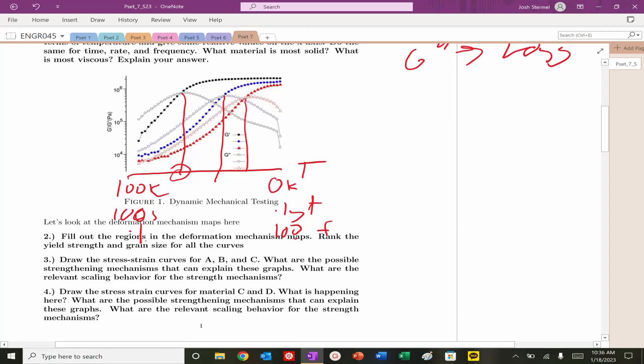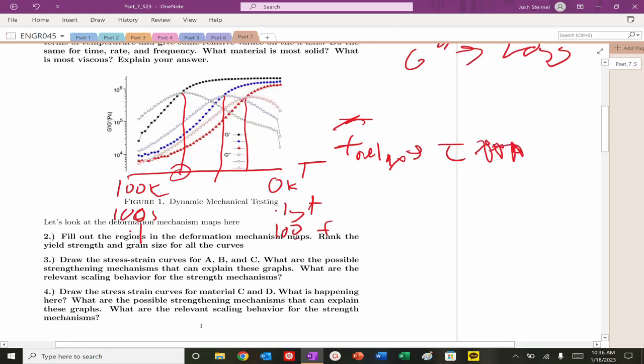So what does that mean? If I have a very low relaxation frequency, f relax, that means my relaxation time, tau, is going to be very large.